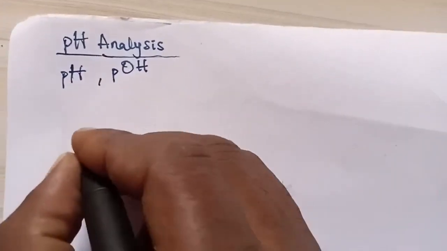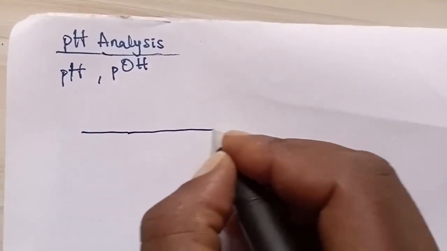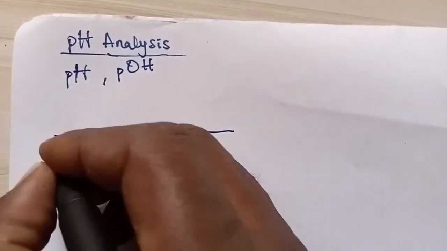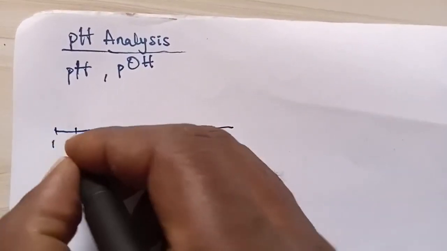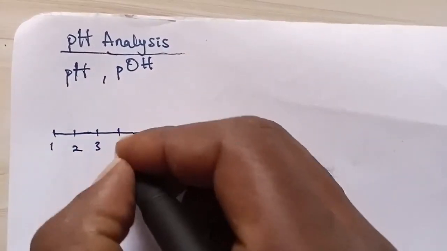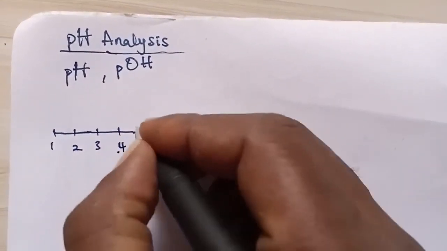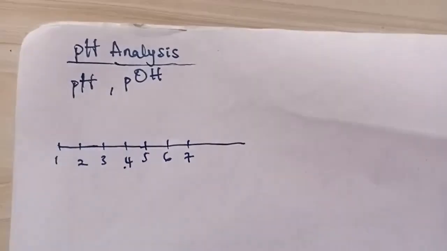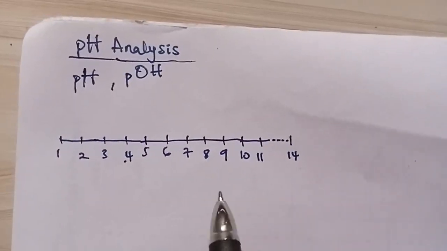Now, what it means is that it measures the degree of acidity and alkalinity of a substance or solution. So if, for example, we say this is a pH meter, it ranges from 1, 2, 3, 4, 5, 6, 7, down to 14.